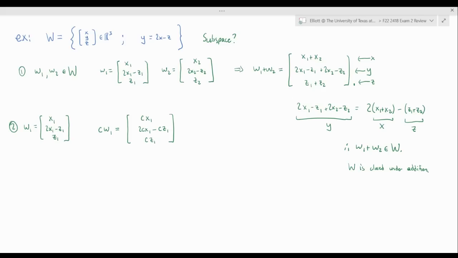Now we want to do the same thing. We want to check if this scalar multiple of W1 is in W or not. Here's the x coordinate, here's the y coordinate, and here's the z coordinate. We need to check if the y coordinate, along with the x and z coordinates, satisfies this equation again. Here's y.